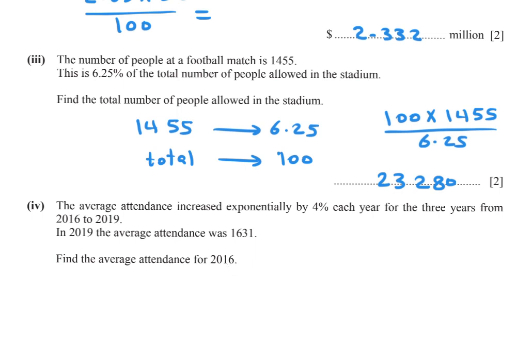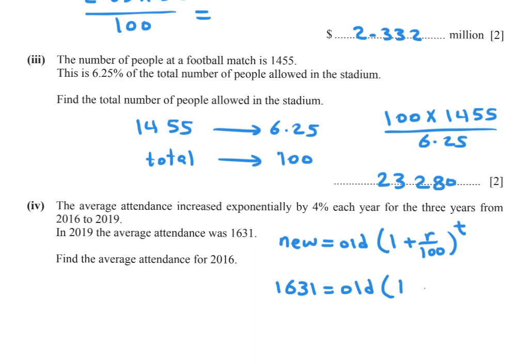For exponential increase, we have the rule: the new value equals the old one times 1 plus r over 100, to the power t. Now we have the new value in 2019, 1,631. We need to find the old value.